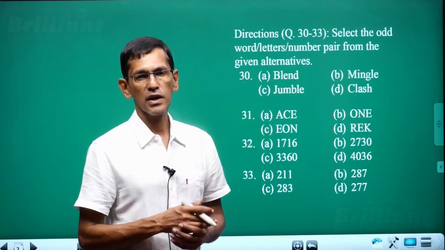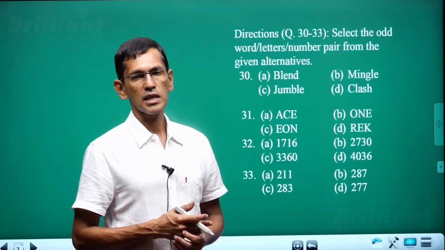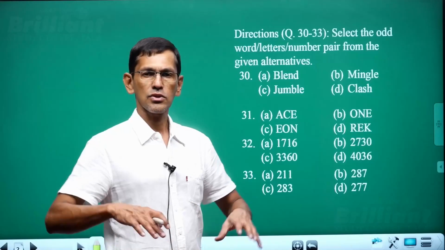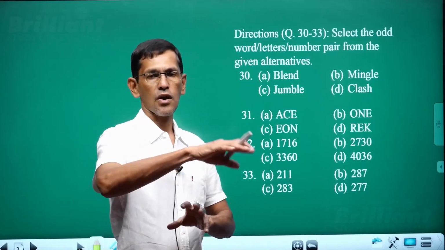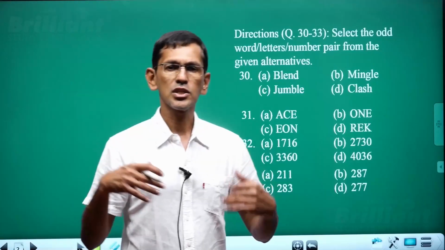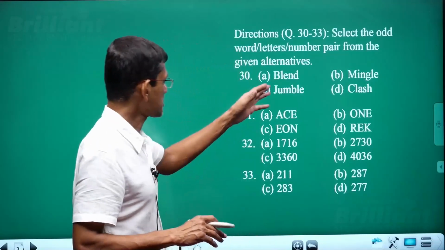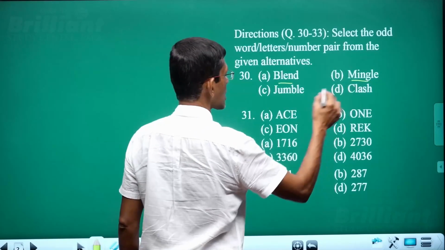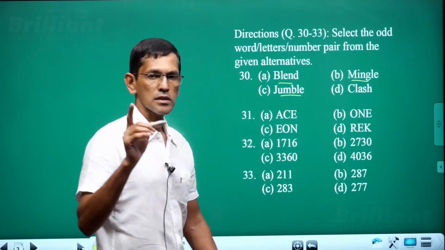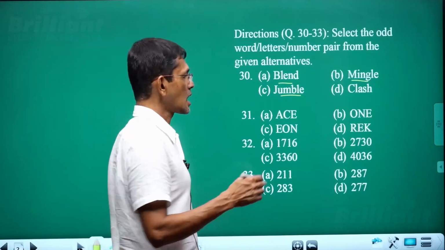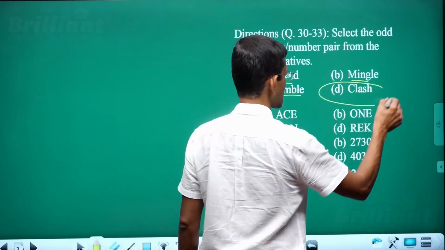For example, if you go to a fest in a temple or in a church or any other place, people are moving around in the ground and there is no specific pattern. So you mix into that crowd, that's called jumble. So ultimately, blend, mingle, and jumble, these three words have the same meaning, and clash is different. So our answer is clash.